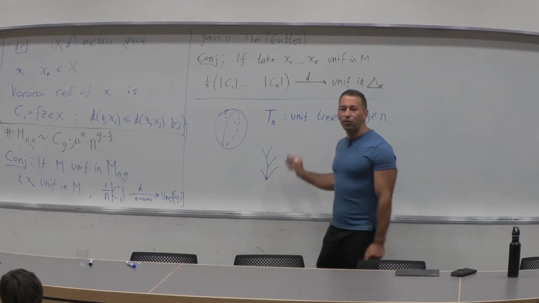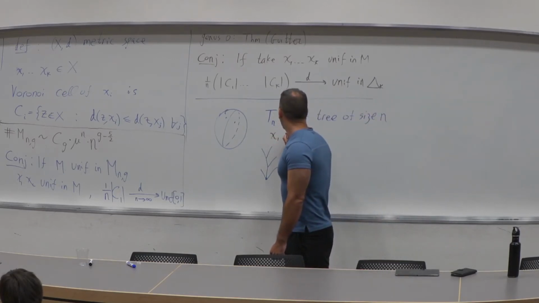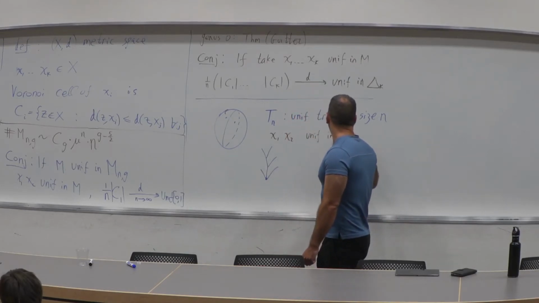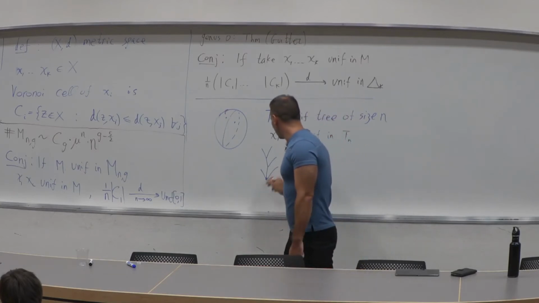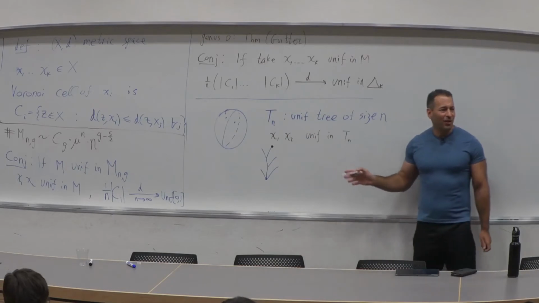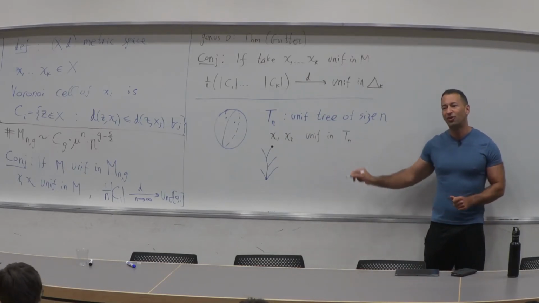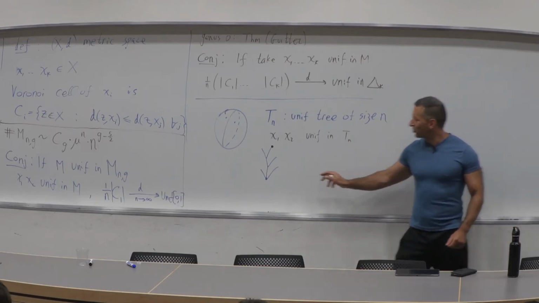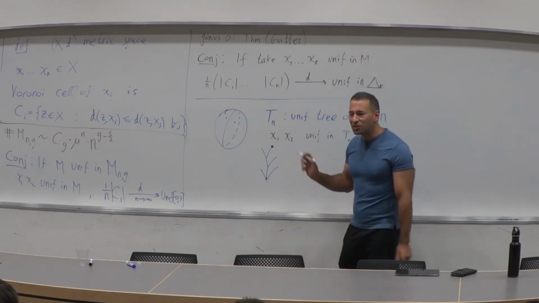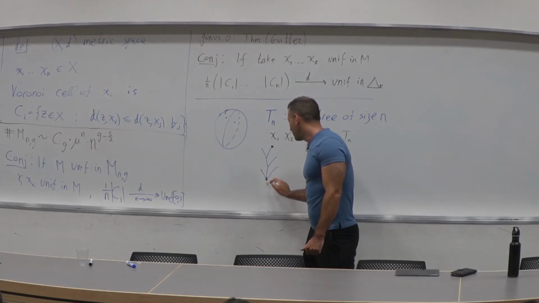We are going to take two uniform points in the tree, x1 and x2. Because it's a uniform tree, any point is equally likely to be the root. If you replace the root by a different point and just pull the tree upwards, you get the same distribution on the uniform tree. So we can assume that x1 is the root.